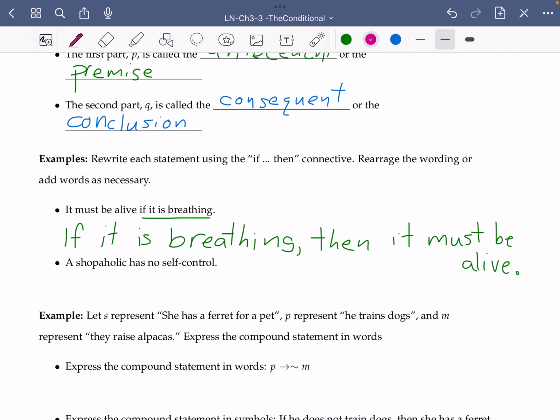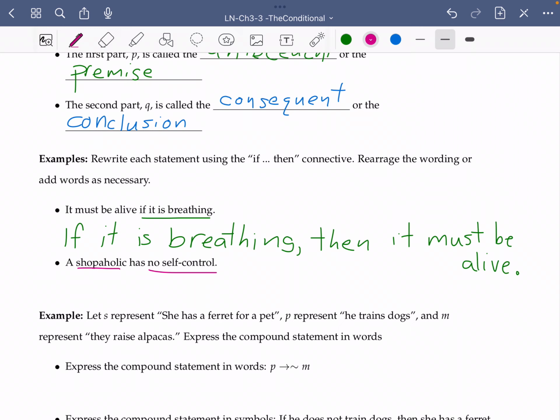The next one we read, a shopaholic has no self-control. Now that's a little bit trickier because we don't see an if anywhere. We don't see a then anywhere. So how do we even interpret this as an if-then statement? We are saying, under the premise that we have a shopaholic, the conclusion is they have no self-control.